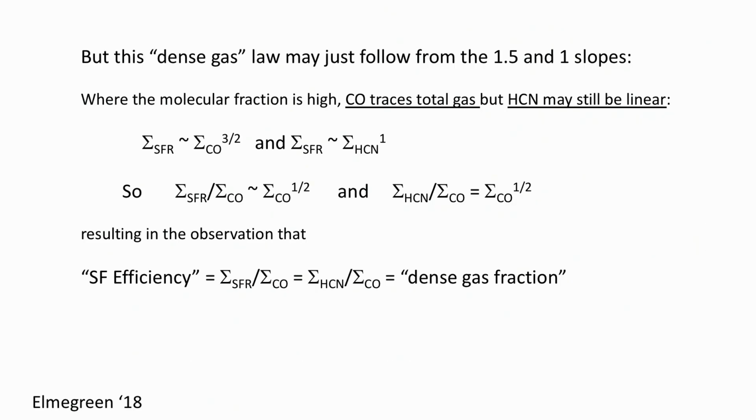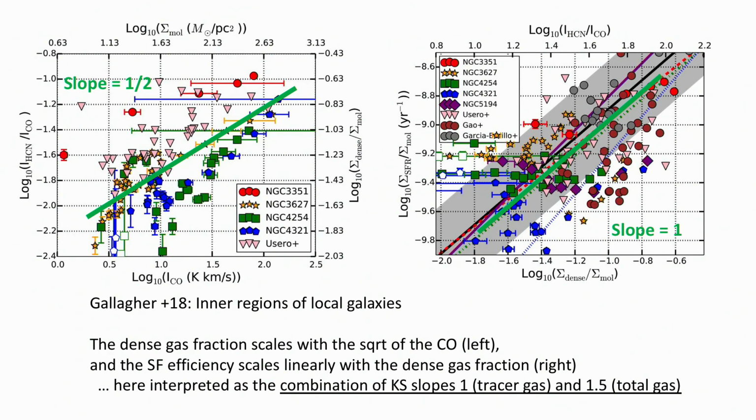So the ratio, star formation rate per unit molecules, goes in the same way as the dense gas fraction per unit molecule. And so you get the impression that the star formation efficiency rate per unit molecule is going directly with the dense gas fraction, but that's not the same as saying timescales go away.